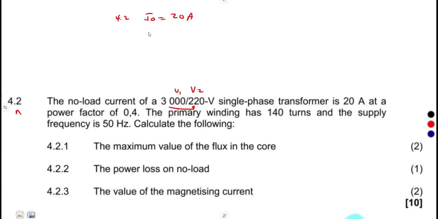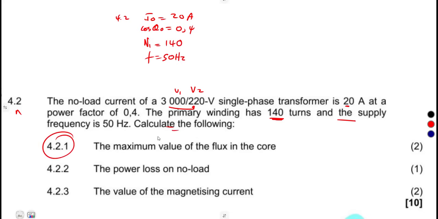The power factor at no load is given as 0,4. The primary winding has got 140 turns, N1 on the primary, and the supply frequency is given as 50 hertz.